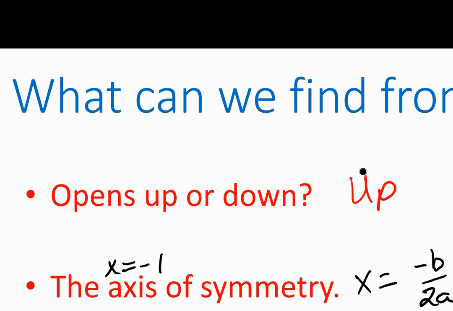I know my vertex is here at negative 1 and 2. So I know I have that point right there. I know my y-intercept is also 3. I know my axis of symmetry was going right here through negative 1. So I can say negative 2, 3, I know will be another point. And then it's just going to be opening up.